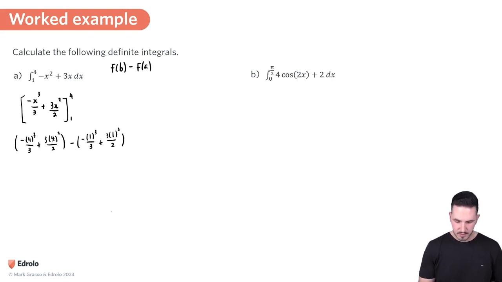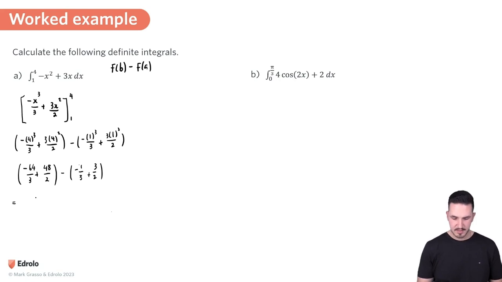So negative 4 cubed is negative 64 on 3 plus 48 on 2, minus, then negative 1 cubed on 3 becomes still negative 1 on 3, plus 3 on 2.